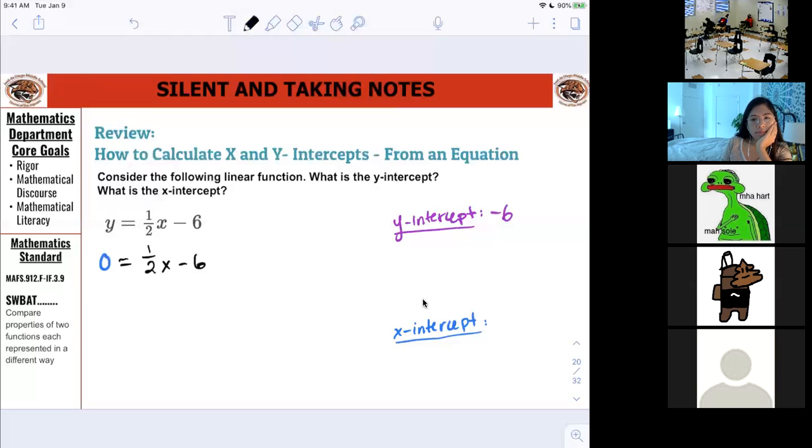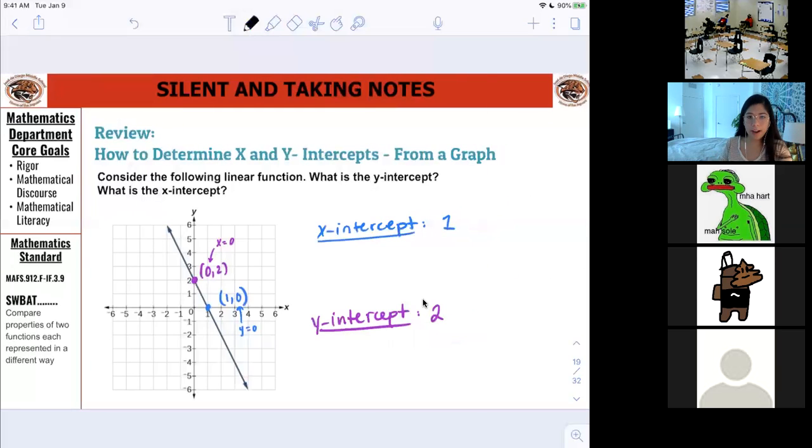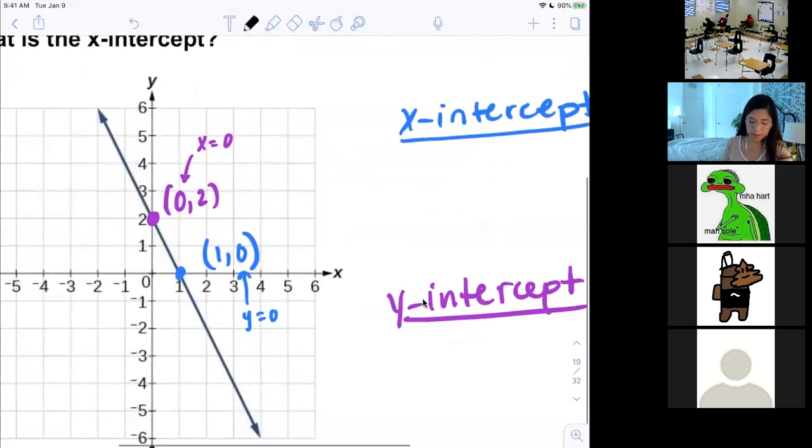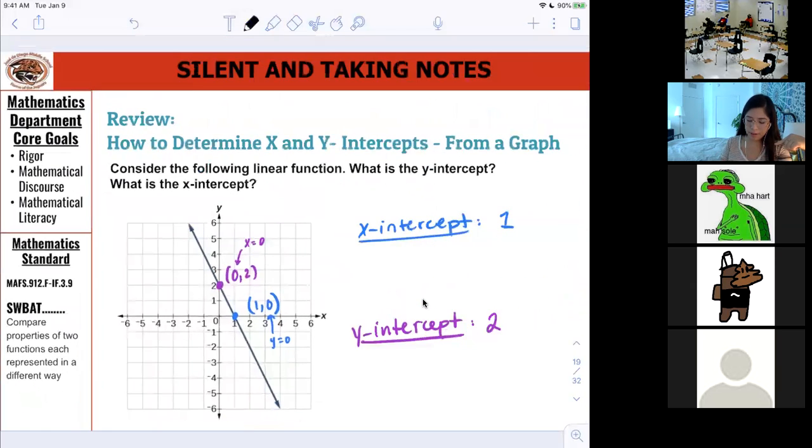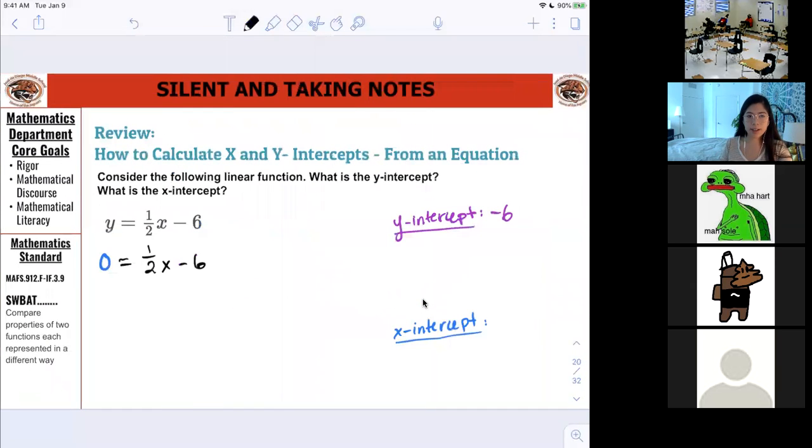Because when you plot it on the graph, y is 0. Yeah, that's exactly what we just talked about, right? On a graph, the x-intercept, here it was (1, 0), which means the input is 1 and the output is 0. So what I did here is I made the output 0 to figure out what the input would be. So that's why we do it, because anytime you have an x-intercept, that means y equals 0.